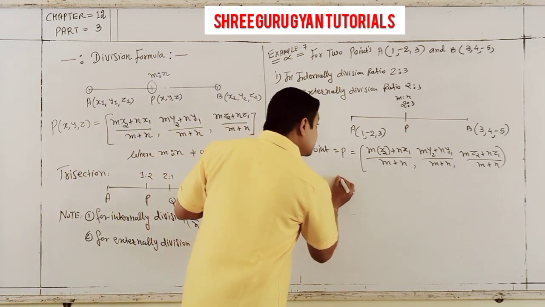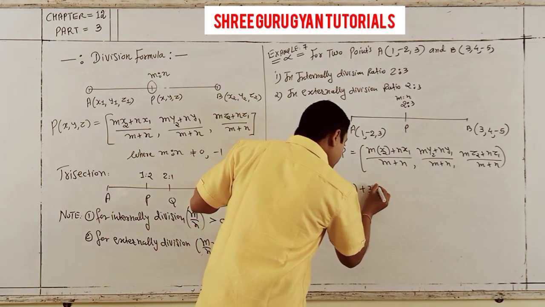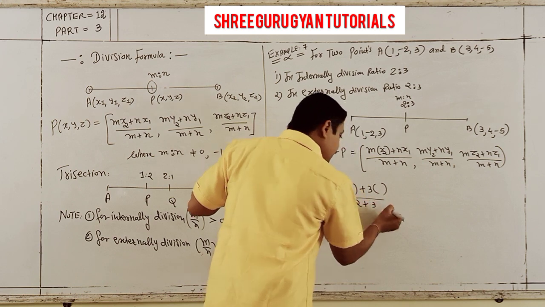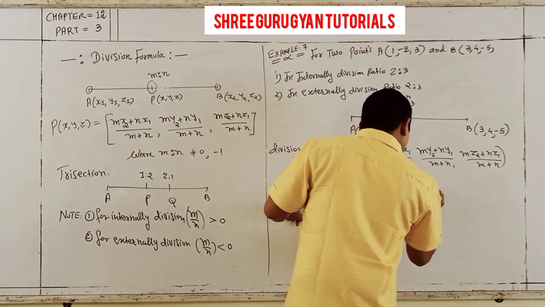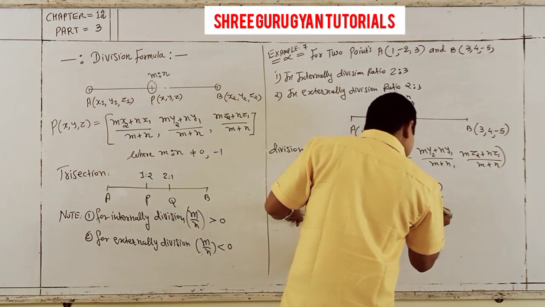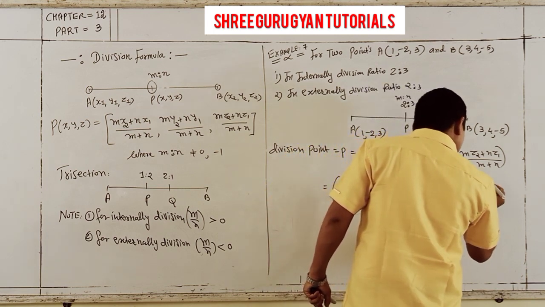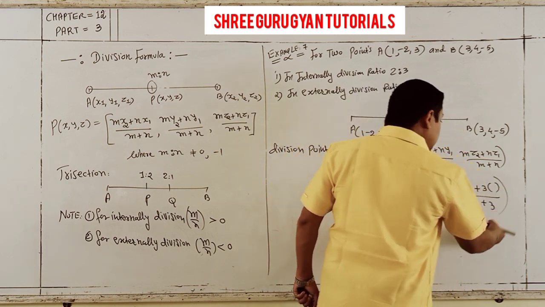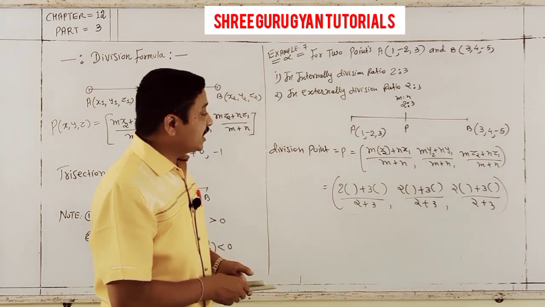So my ratio is 2:3, 2 plus 3. Similarly here, and the same for the others, put down the points x2, x1.